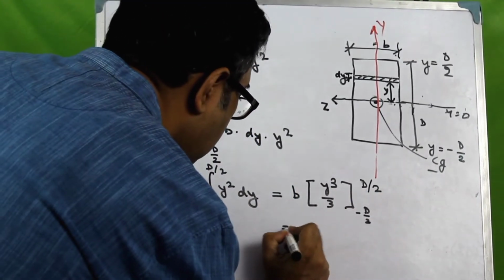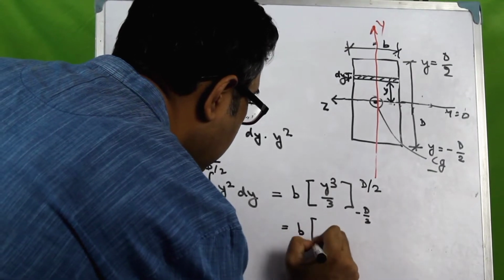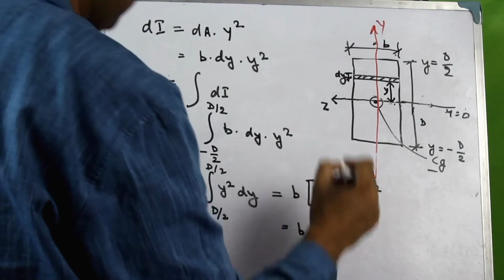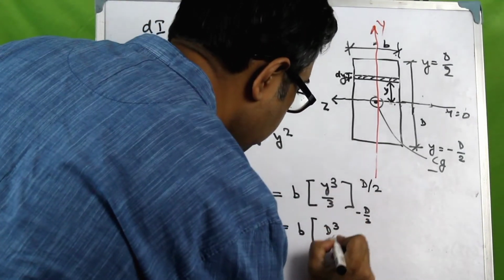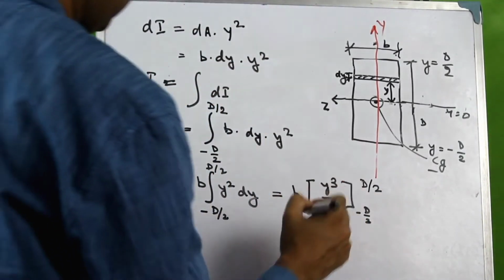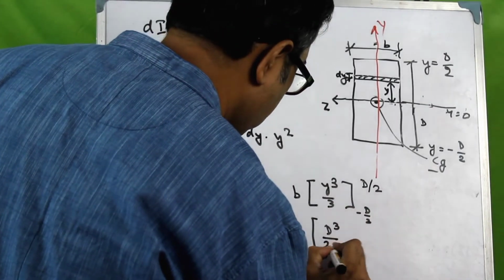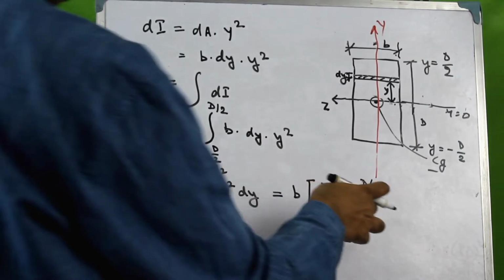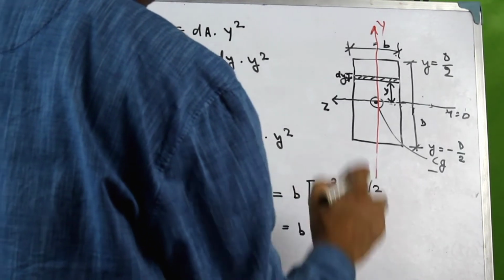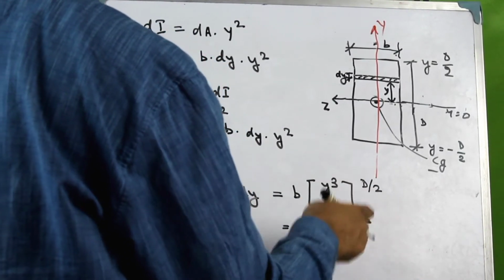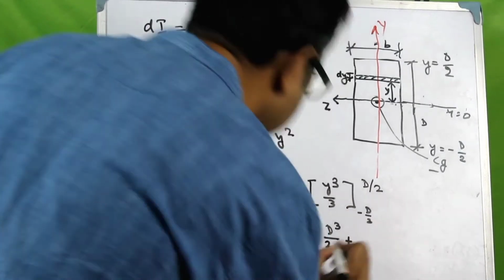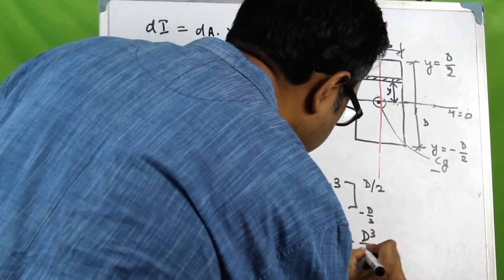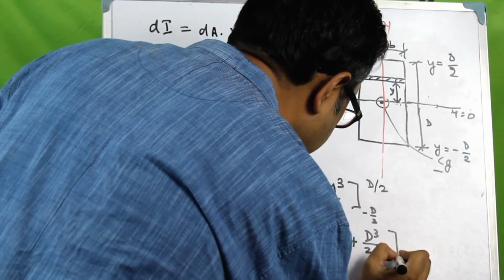Then substituting d by 2 here, we have d cube by 24, minus, now this is a minus value, so y cube would be minus, and it would become plus, so it would have d cube by 24.